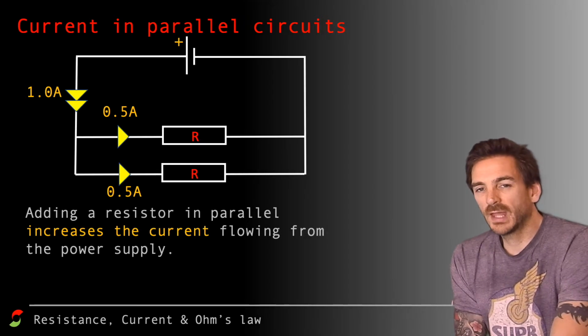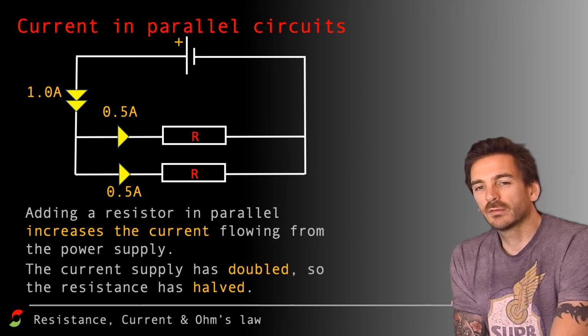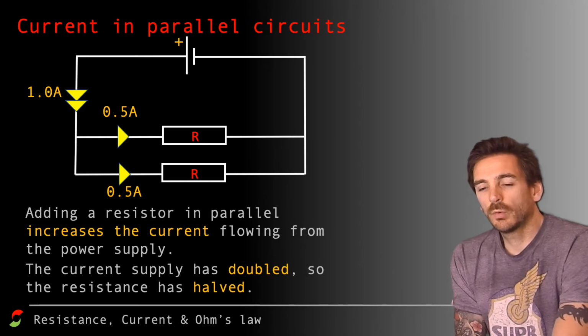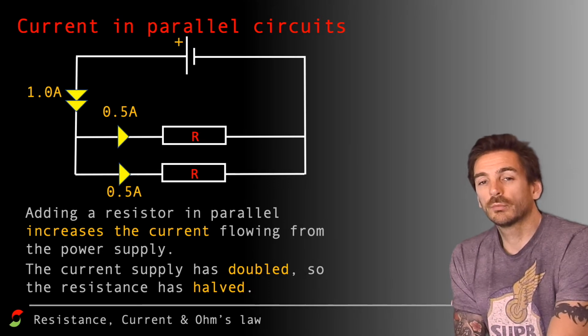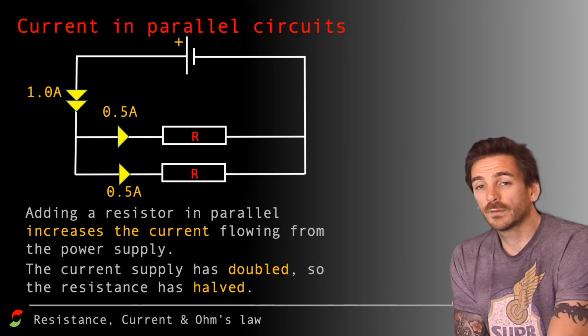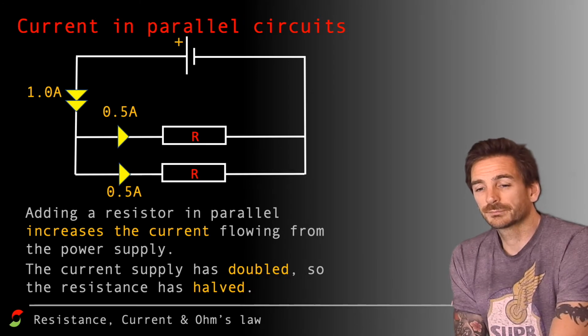So adding a resistor in parallel like this causes the current to increase. And if the current has increased, the resistance has decreased. The current has doubled, so the resistance must be halved. So in effect, adding an extra resistor in parallel halves the resistance.